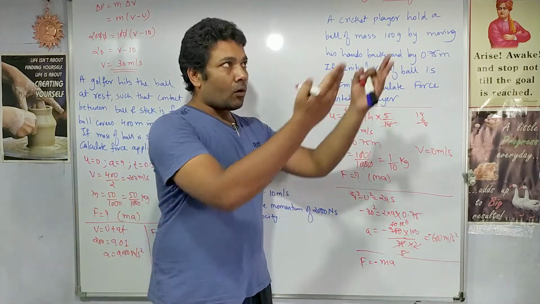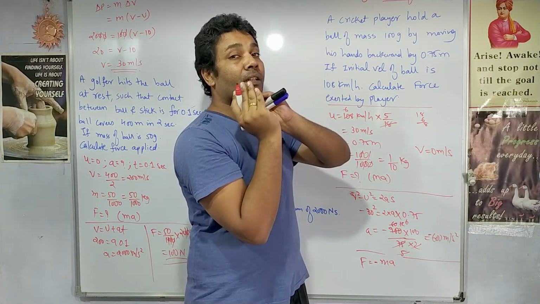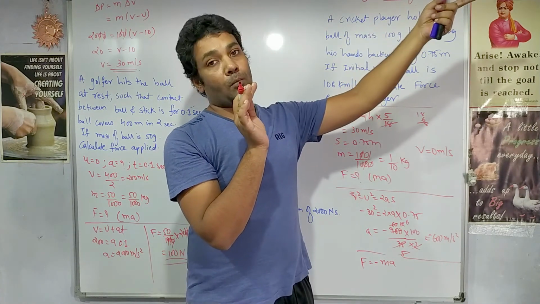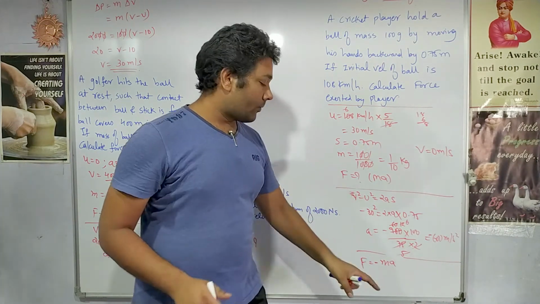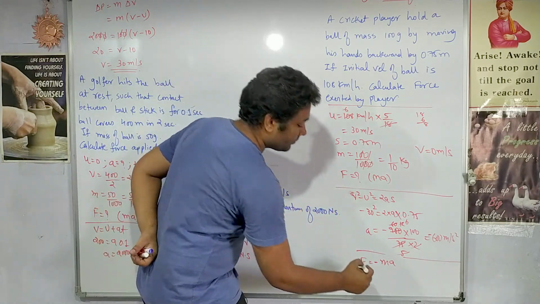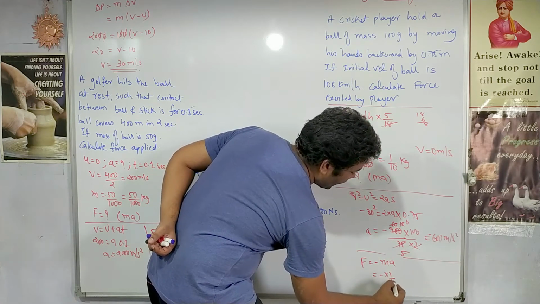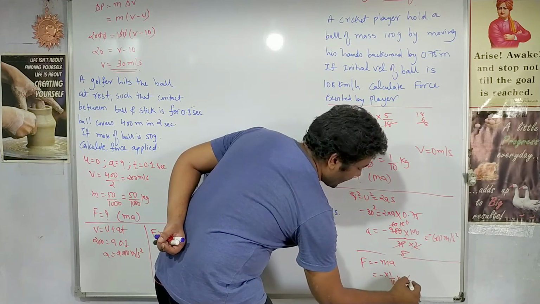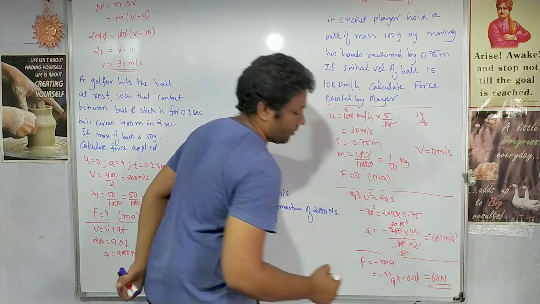Once again, see, this ball is coming in this direction, but the hands are trying to stop it by applying a force in the opposite direction, right? So that is why we have put this negative sign here. However, if you don't understand the meaning of the negative sign, you can just ignore it. So minus 1 upon 10, acceleration is minus 600, so this will become 60 Newton is the answer.